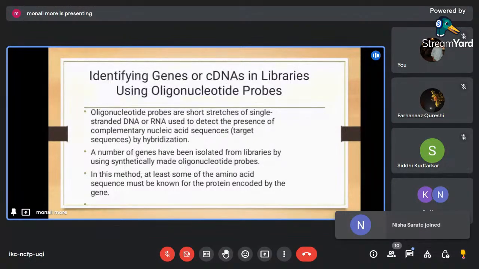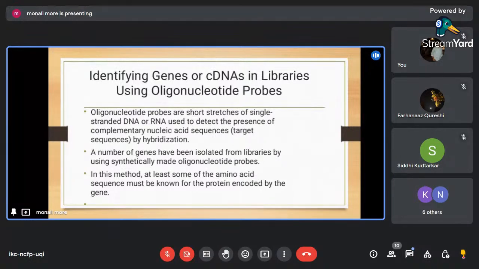Next is identifying a gene or cDNA in a library using oligonucleotide probes. Oligonucleotide probes are short stretches of single-stranded DNA or RNA used to detect the presence of complementary nucleic acid sequences by hybridization. A number of genes have been isolated from libraries by using synthetically made oligonucleotide probes.